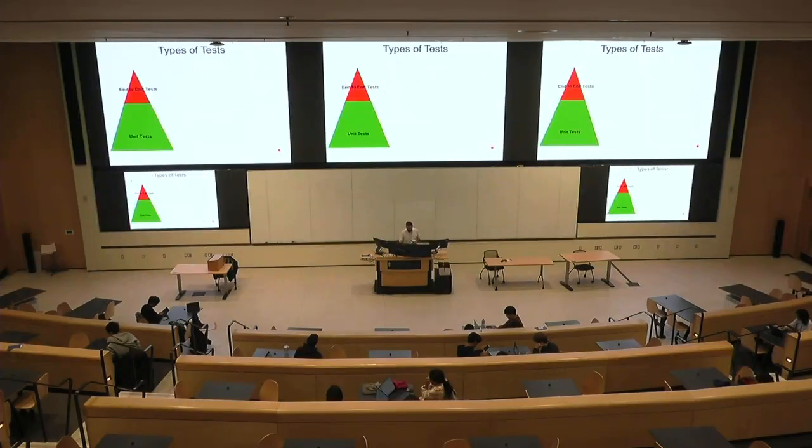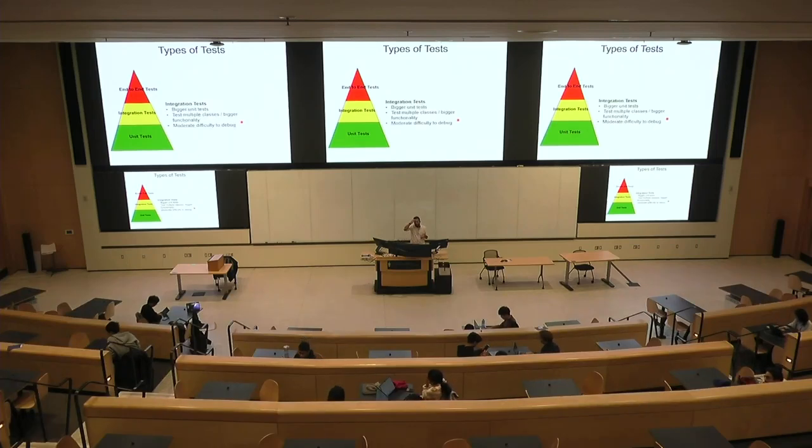There is also an extra type of test that is a bit wider than the unit test and less wide than the end-to-end test. It's called integration testing. In integration testing, we basically build bigger unit tests. They are still kind of unit tests, but they group multiple components or multiple classes together. So we build unit tests to test each component alone.